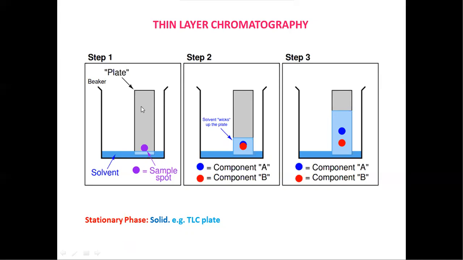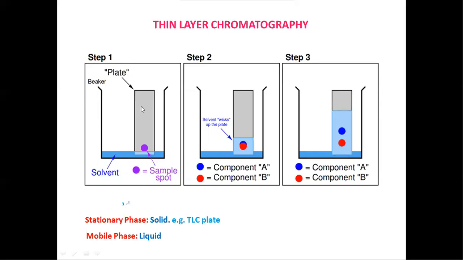Silica gel powder is coated on the surface of these glass plates, and they can be used as TLC plates. We can also get TLC plates commercially in the market. Here the stationary phase is solid and the mobile phase is liquid, so it is solid liquid chromatography.